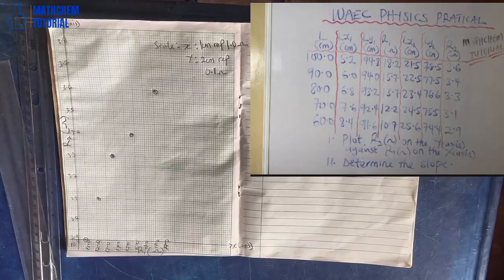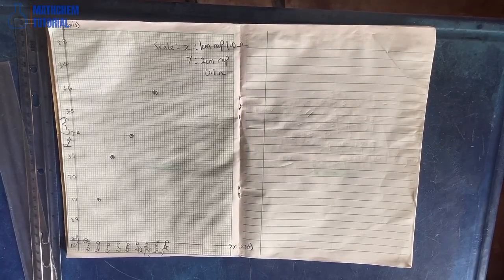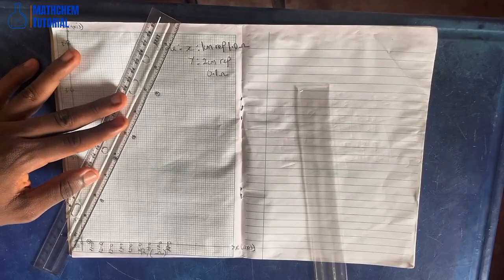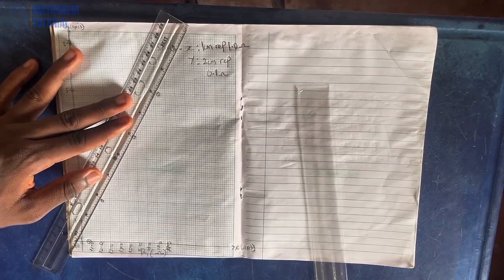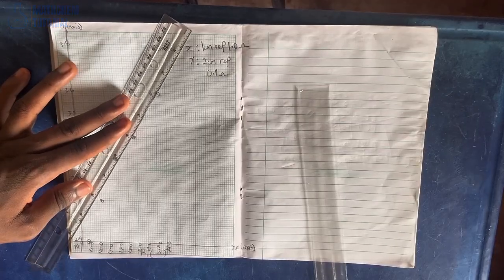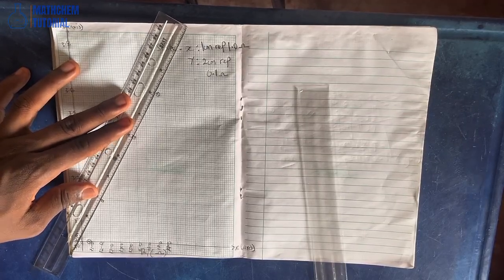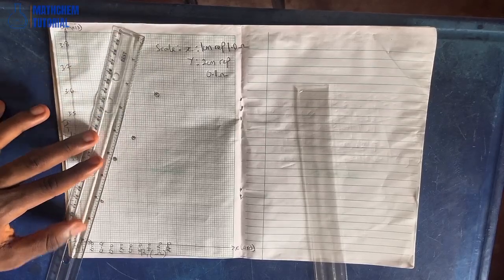Okay, so after this, what's the next thing? The next thing is now to rule the line. You have to find which points go together, and it has to be three. Find the three-point best line fit. You start checking.